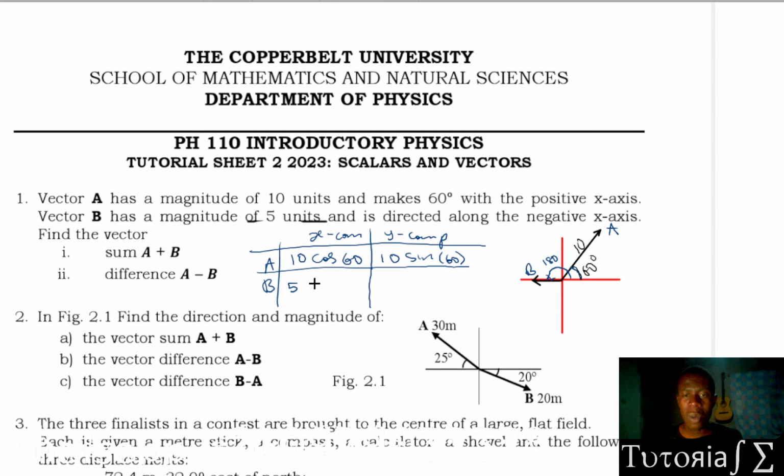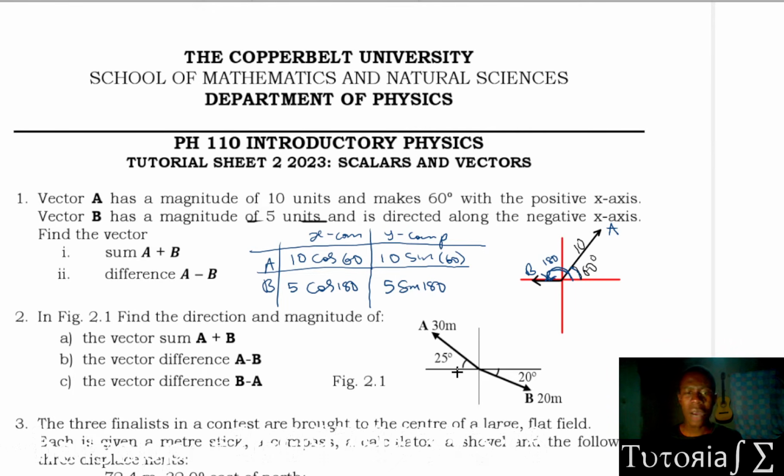So for the X component, we say cos the angle at which B is at. So we count from the positive x-axis until we touch B there. So that is 180. So we do the same for the Y component. We write everything the same. We just change the cos to sine 180 degrees. And that is just about it.